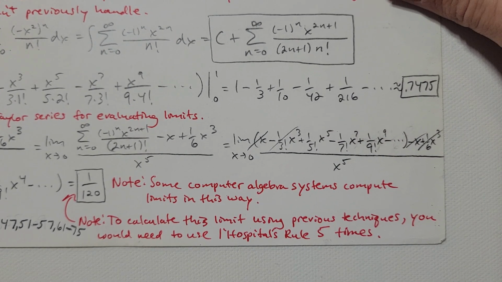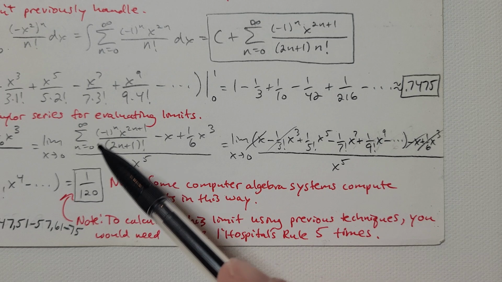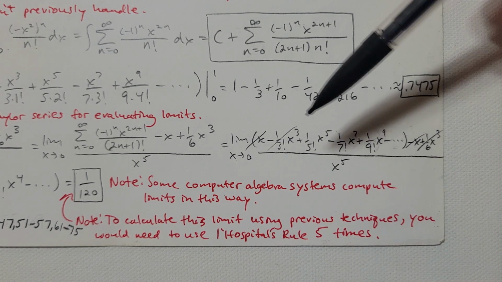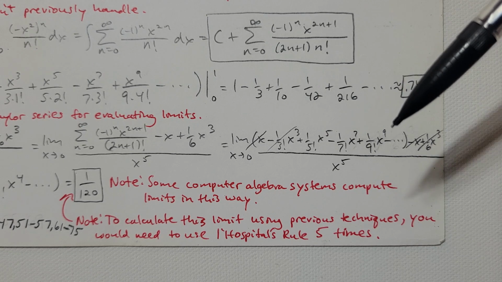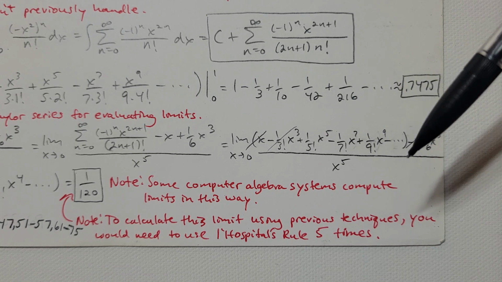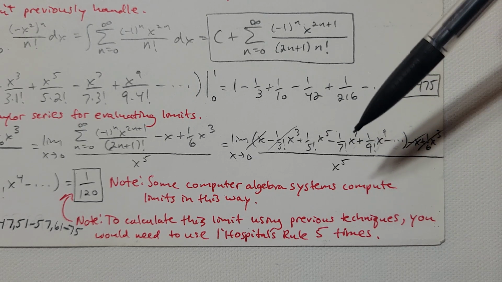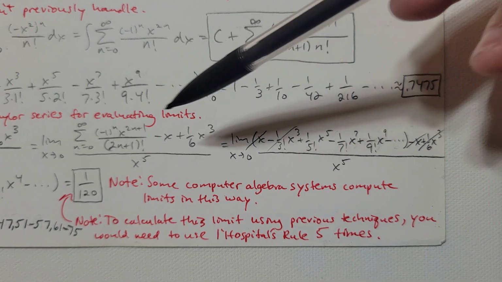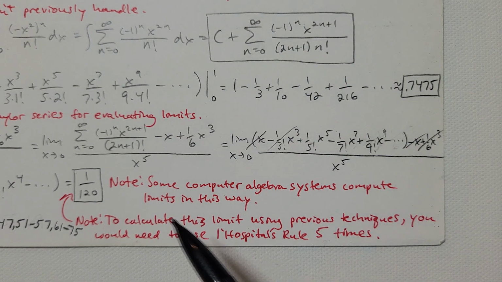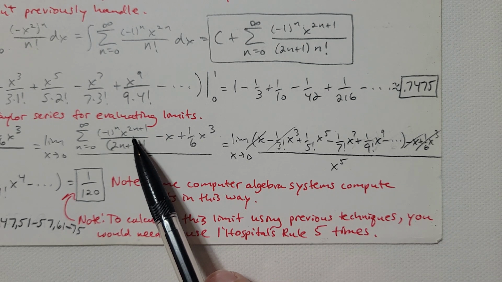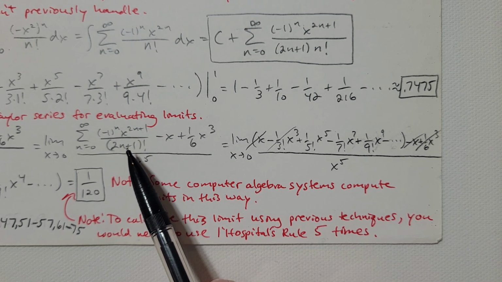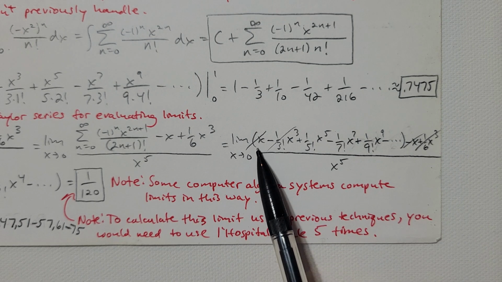So let's expand this out a couple of terms. We have the limit as x approaches 0, and by the way, make sure that your limit notation looks good. You're writing limit as x approaches 0, right? Okay, so if I expand this out, when n is 0, I have 1 times x divided by 1, that's x.